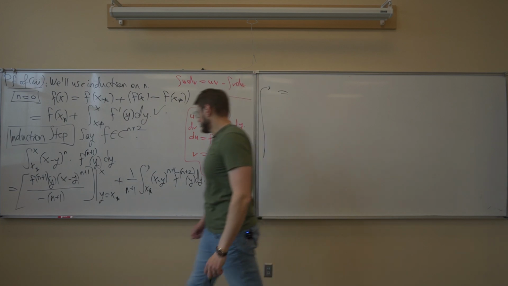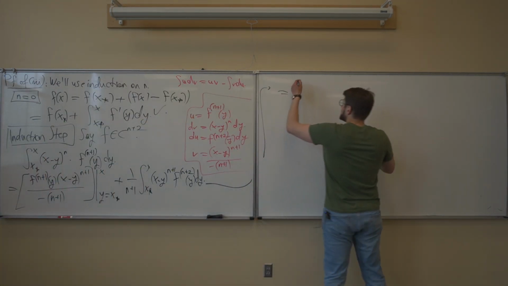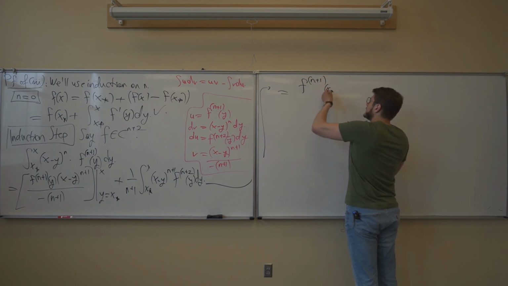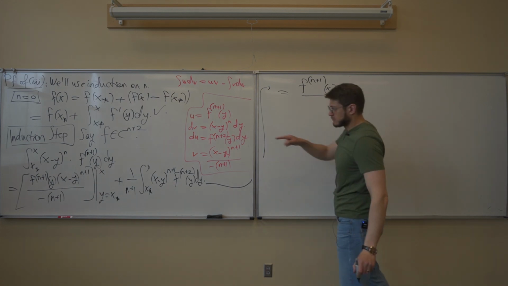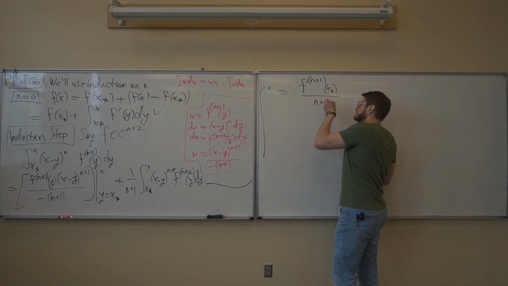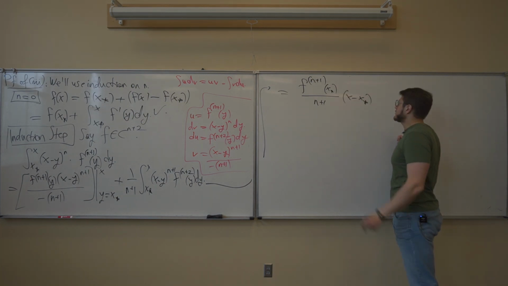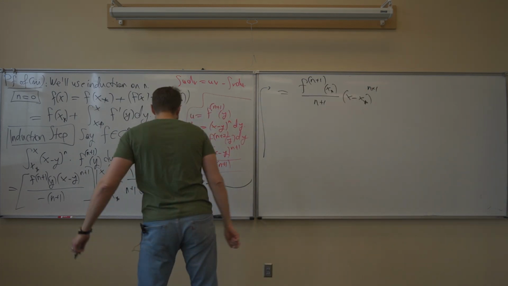Now if I plug in y equals x, that vanishes, minus minuses, which means that this minus is going to cancel out, and I'm going to be left with this, divided by n plus 1, times this raised to the power n plus 1, plus this term.